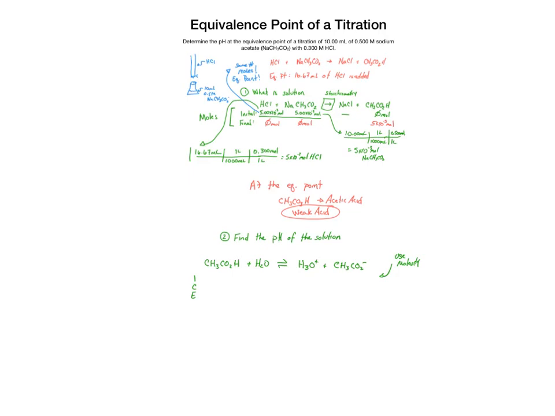Now, our volume at the equivalence point, I'm going to back up here. Our volume at the equivalence point is going to be our 16.67 milliliters of HCl that we added, plus our 10 milliliters of sodium acetate.